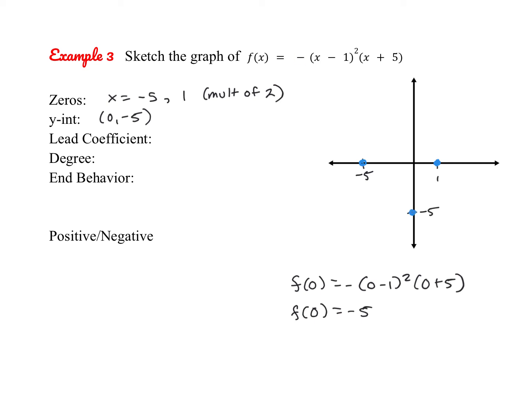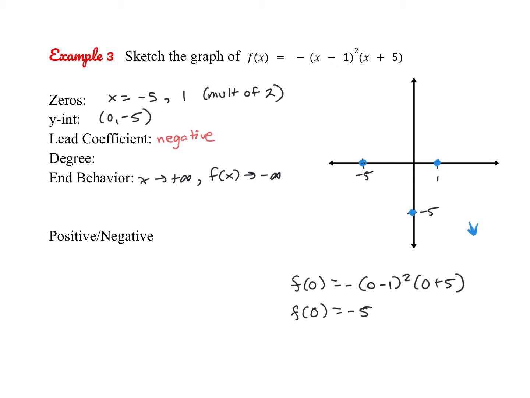We can see that our lead coefficient is negative. So that tells us as x approaches positive infinity, f of x approaches -infinity. So I'm going to draw a little arrow like this to remind me. And then our degree is 3 because we have a double root here. So 1, 2, 3.